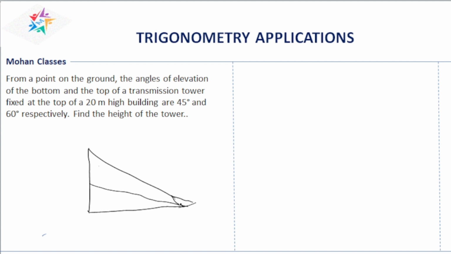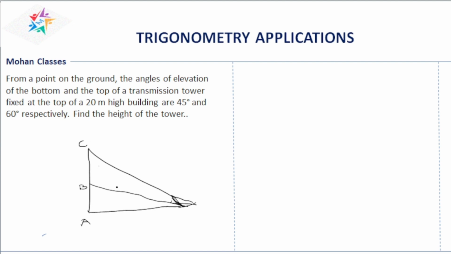Okay. Adjust it. This is the diagram. So here AB is the height of the building and BC is the height of the tower. B is the bottom of the tower, C is the top of the tower.